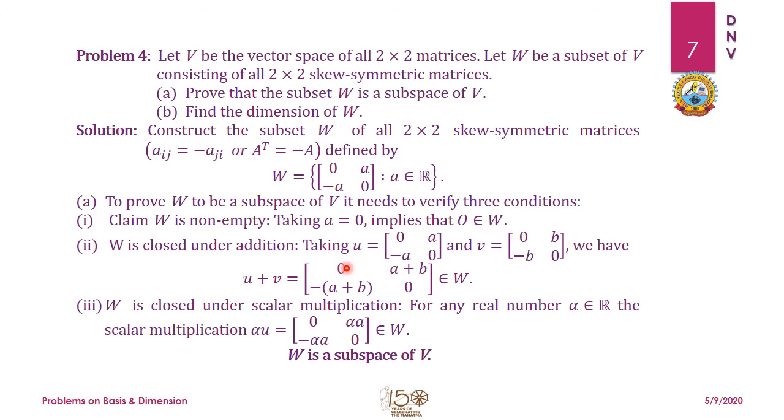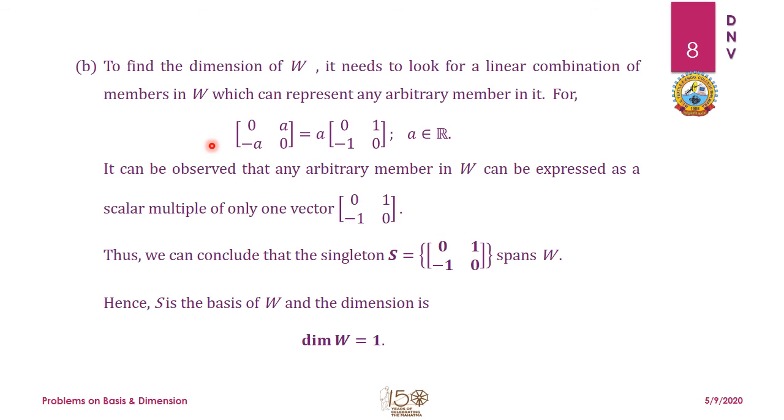So whenever there is similarity in the form of elements we consider, then they are in the set itself. So with this we can say that all three axioms or conditions are satisfied by the elements of this set W, and hence it is a subspace of V. So this first part we have proved, and we come to the second part.